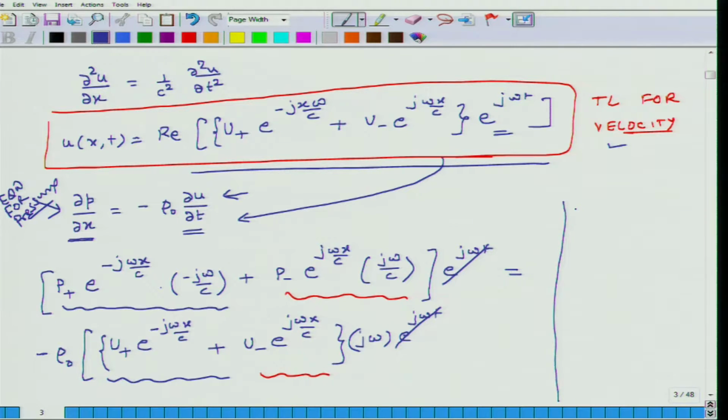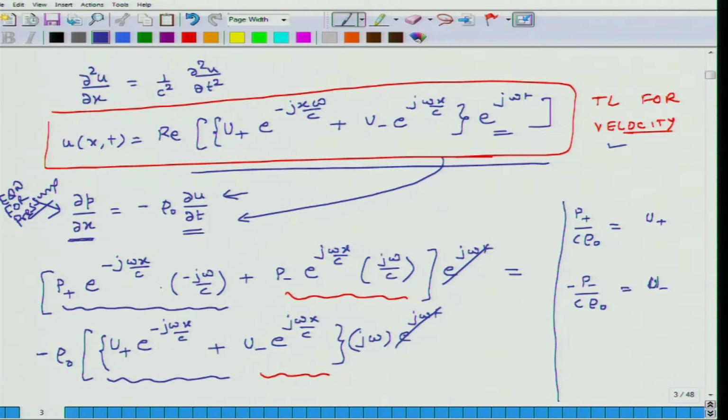So what that means is P plus by c rho naught should be equal to U plus. If I equalize the things which have been underlined in red together, then I get negative P minus by c rho naught equals U minus.